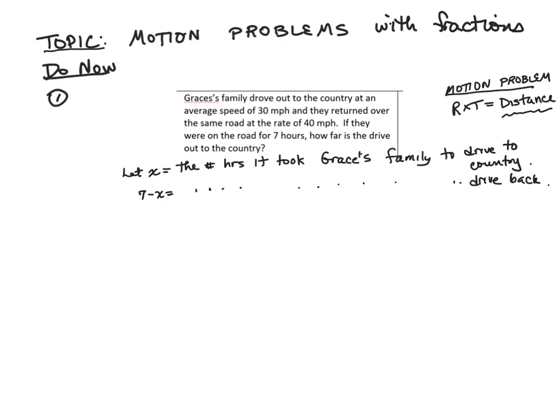And to represent the distance going out, well, the distance going out is the same as the distance coming back. So the rate times the time would be the distance going out equals the rate times the time. And these two distances were the same, and we would solve for x.